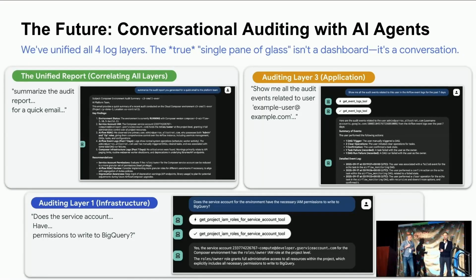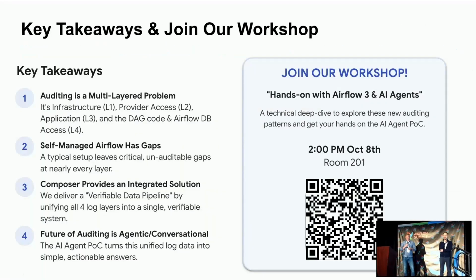So we believe that in the future, this is a perfect task for AI agents to gather all the logs for you, align them on the timing, and give you the information: what actually happened, who accessed a given file, when a given DAG was executed.